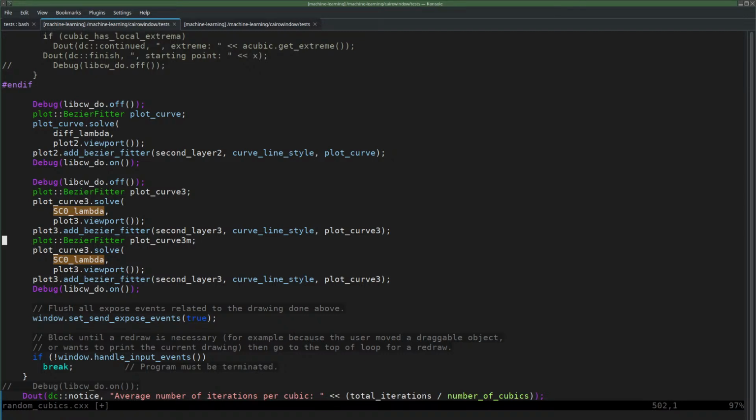But mirrored. So it's mirrored here. I think something, double log in of C0.